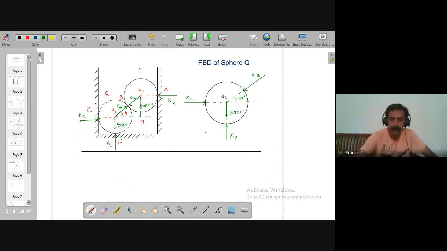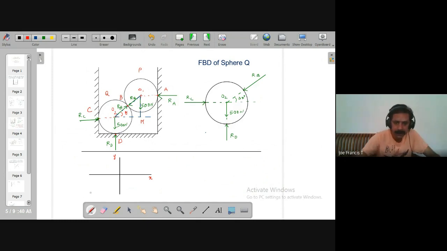Now, how will you do that? Again, I'll represent these forces in an XY plane. I'll draw a Y-axis, and suppose this is your X-axis. So this is X, and this is Y.